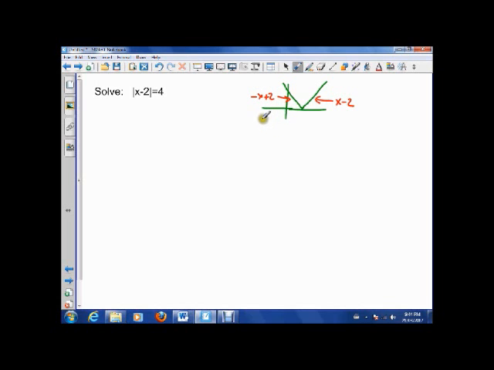So what that means is that this part is just negative x plus 2, because negative, negative.